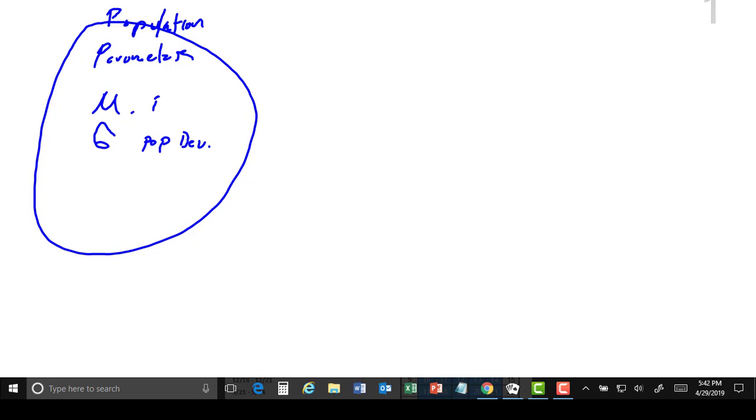Then we have something called p, a little p, and that's the true population proportion. Now, proportion, I mean really a fraction or a percentage.